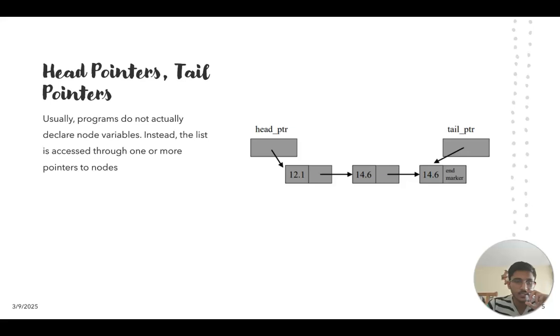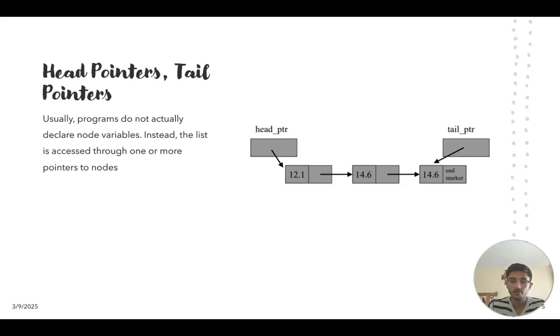Now we come across some more terminology, head pointers and tail pointers. So usually programs do not actually declare node variables. Instead, the list is accessed through one or more pointers to nodes. Okay, so if we want to access this item, we are not just doing it like in arrays or vectors, where we just call the index, right?